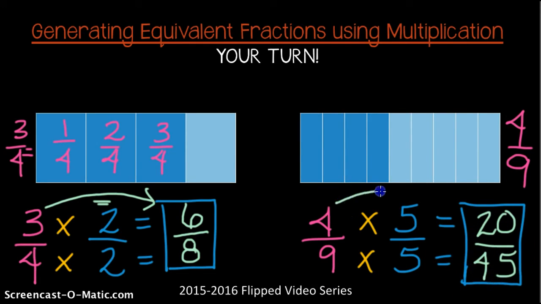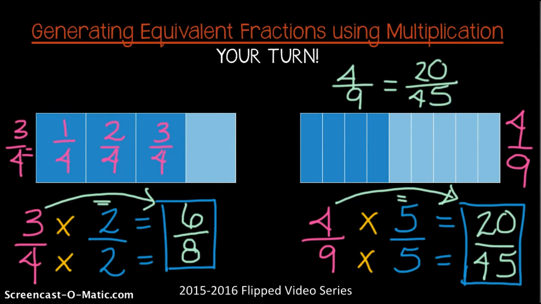So the equivalent fraction for 4/9 is 20/45. So I would write it as this. 4/9 is equal to 20/45. 3/4 is equal to 6/8.